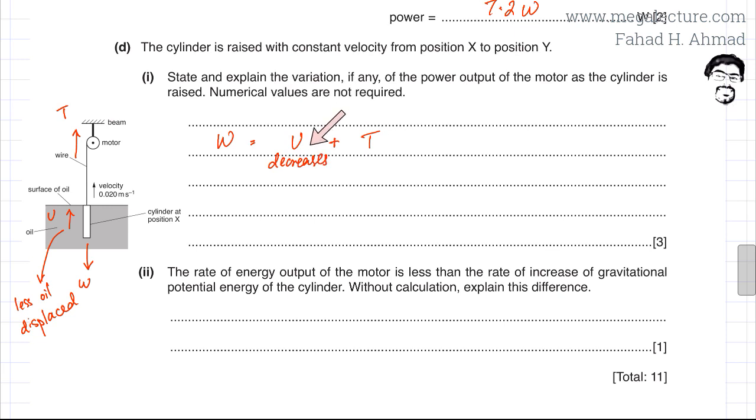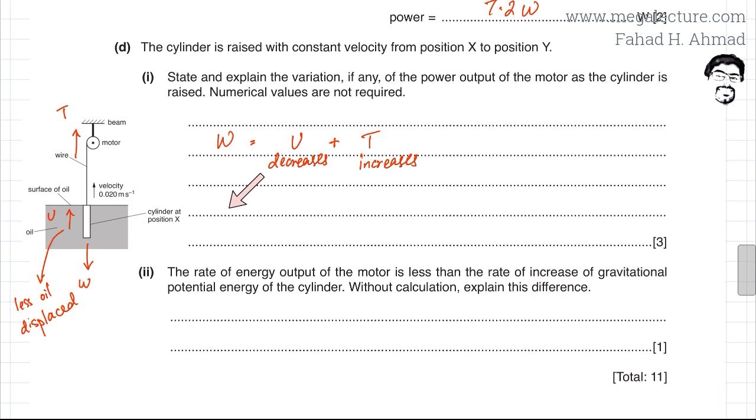Less oil is displaced, so upthrust is decreasing, which means that for the motor to pull up this weight, the tension T must increase. It would become more difficult for the motor to pull this cylinder upwards because the upthrust value is going to be lesser. So more tension, more force needs to be applied by the motor.